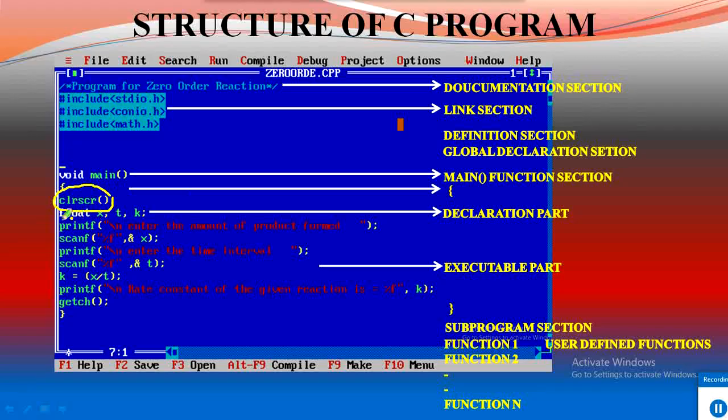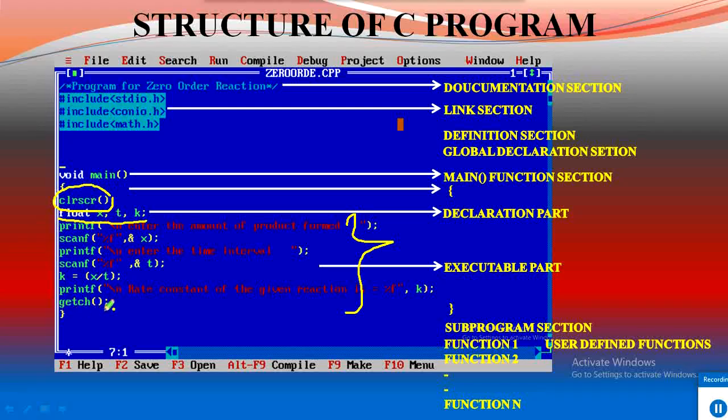Then there comes the declaration section, that is we have to declare various variables. Then there comes the executable part. In this part we write what we want to print on the screen and what we want to take as input. All this comes under the executable part.